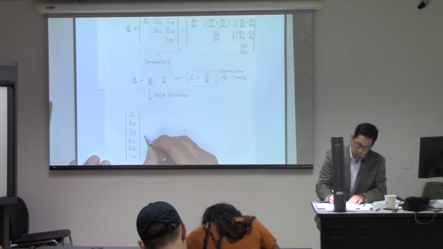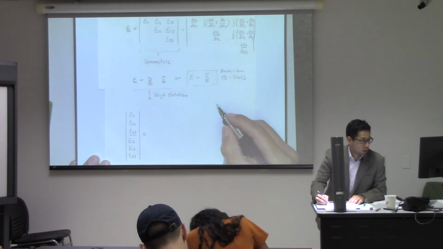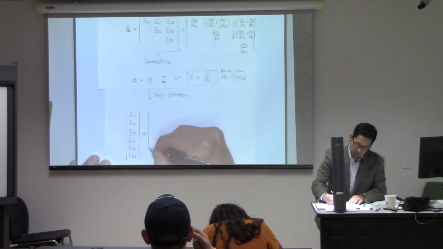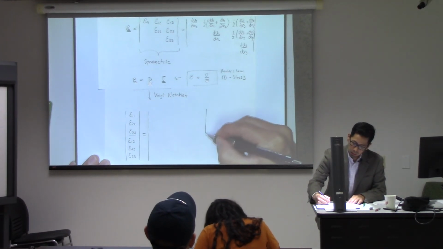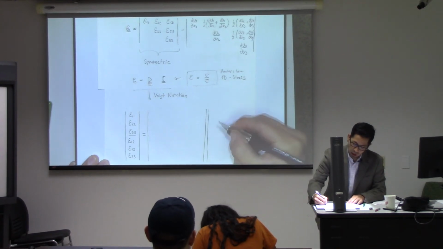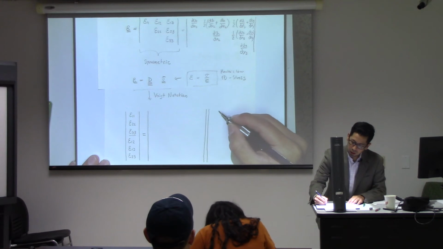And here I'm going to write the stress tensor. There's going to be something here. We're going to talk about that in a moment. But you can already see it's large, and we don't know the values yet.